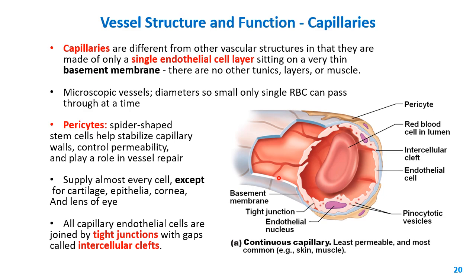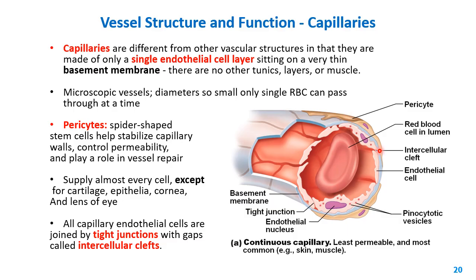Structure of the capillary. But remember, this basement membrane has to be very thin. It has to allow substances to pass through. Okay. Besides that, you're going to find some of those cells that are sitting on top of that basement membrane.